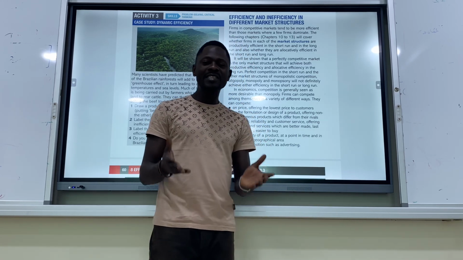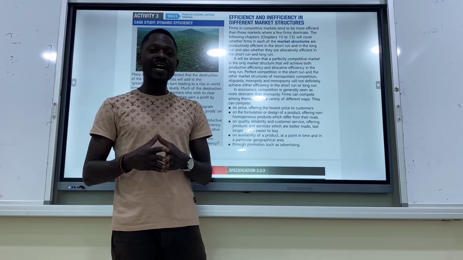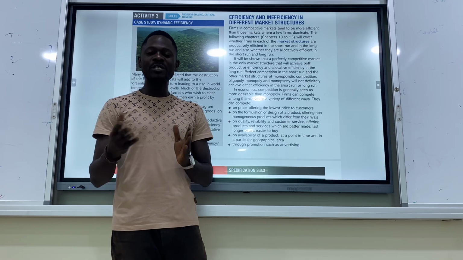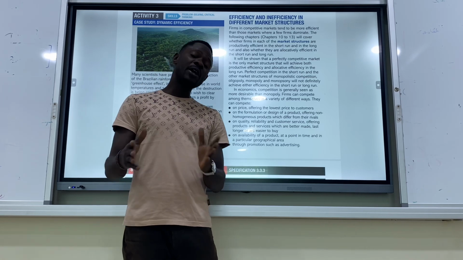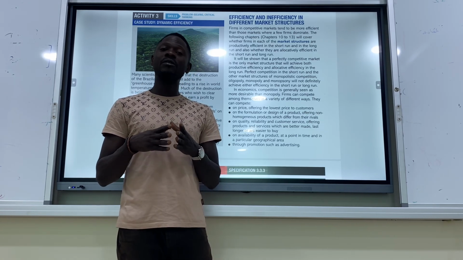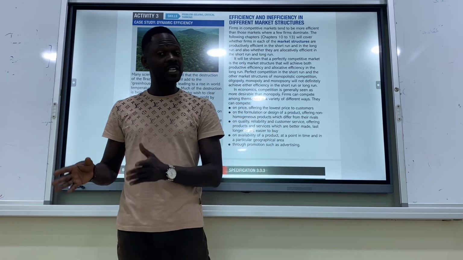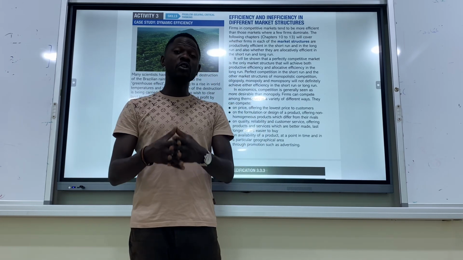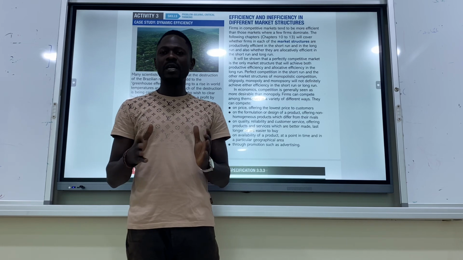These are questions that have to be answered, and for them to be answered, we need economists. So for economists, there's a way we can allocate resources by being productively efficient and allocatively efficient, and also thinking about the production possibility frontier through dynamic efficiency. These are ways in which we can allocate resources.